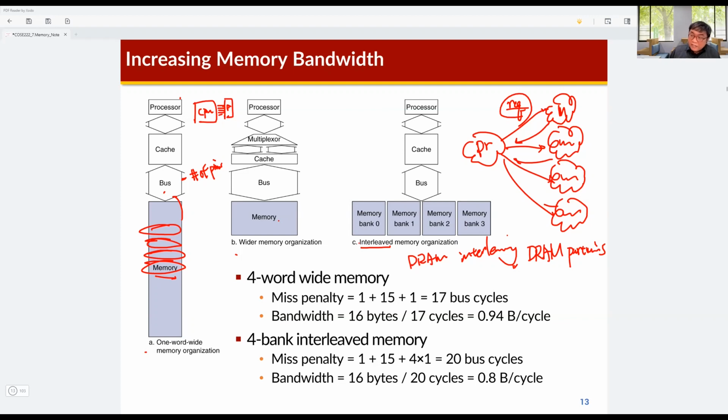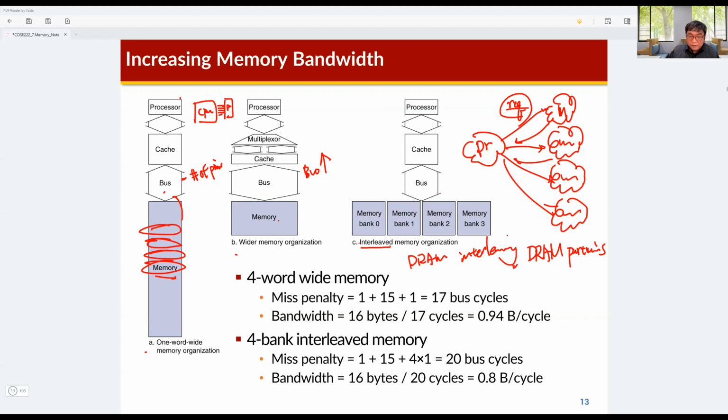If we increase the bandwidth of the DRAM bus, that means we increase the number of pins that connect the CPU and DRAMs. So bandwidth is increased, we can use a very wide DRAM, and then we can also increase performance.